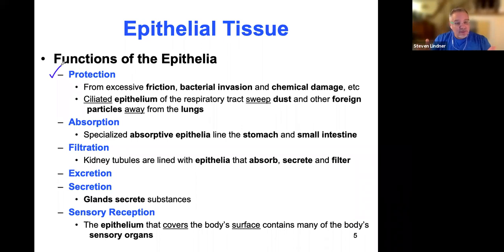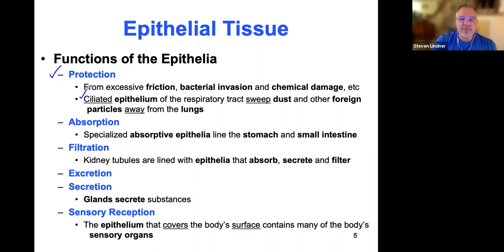But imagine your skin was only 1 cell layer thick. That means you would scratch yourself and those cells would be gone and you'd be seeing what's deeper under the skin. So thank goodness we have many, many layers of epidermis and dermis to protect us.